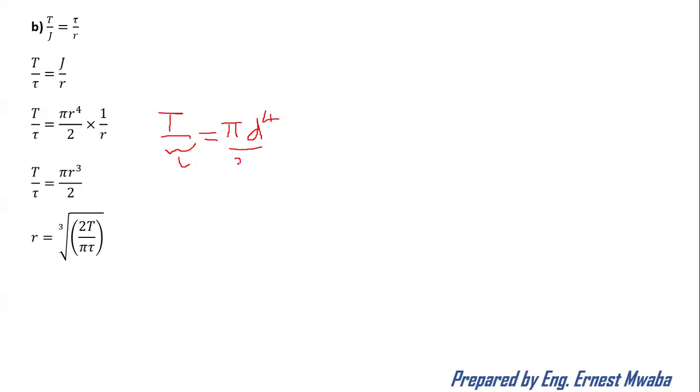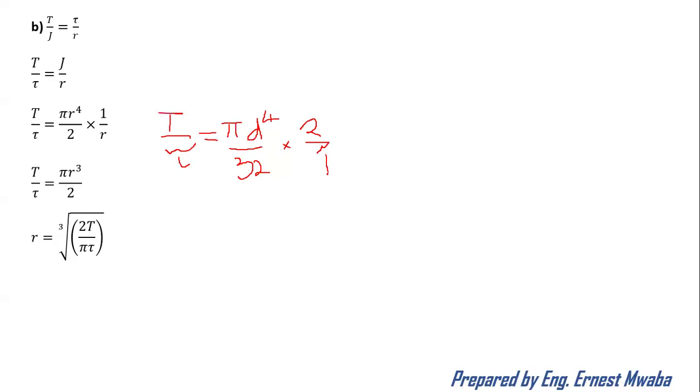This one I've written is basically just representing J. Then I'm saying multiply everything by what? By not 1 over R, but 2 over D.